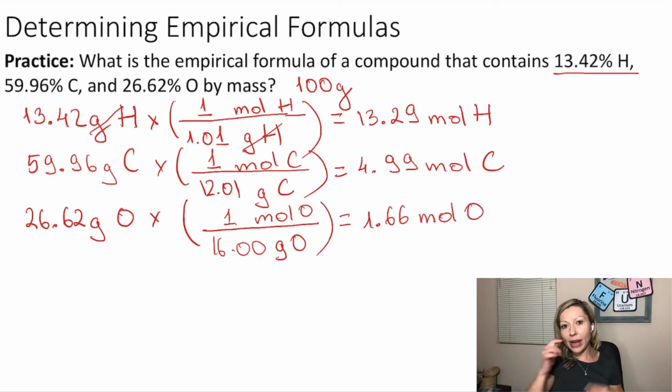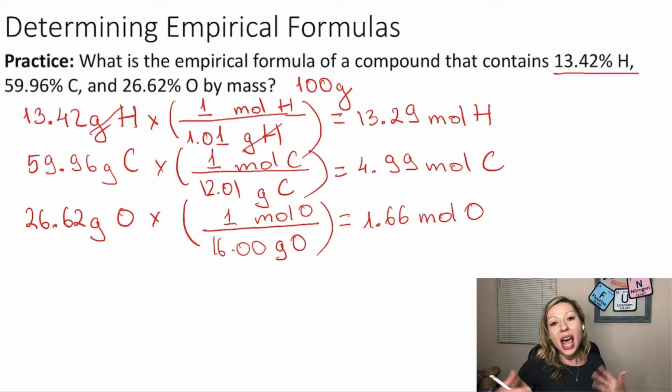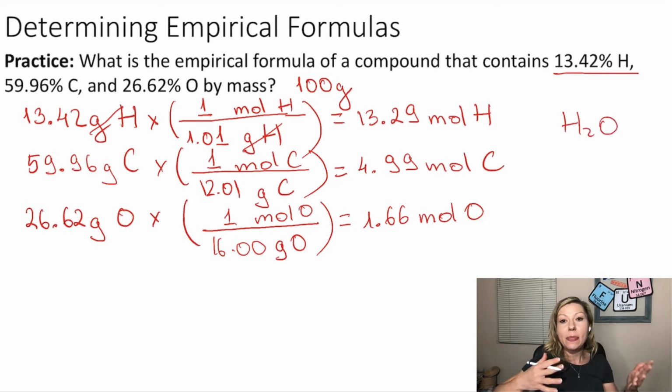All right, now I know the moles, but I don't know exactly how many atoms I have in each formula unit. So how do I figure that out? Well, think about this. Let's say I have water. Water is H2O, right? This means that for 1 mole of oxygen atoms, I'm going to have 2 moles of hydrogen atoms.